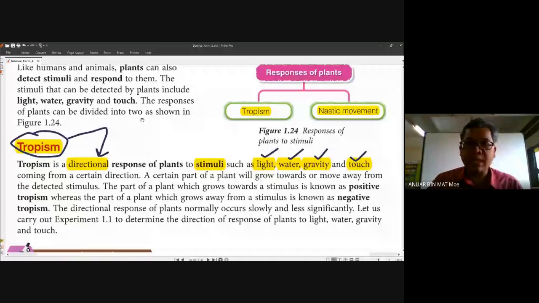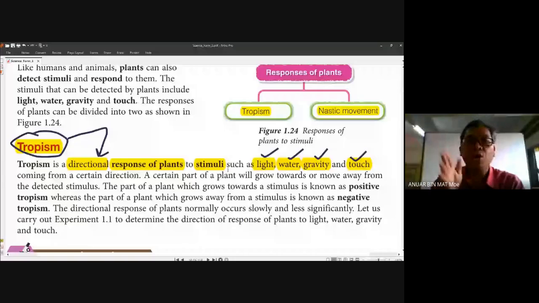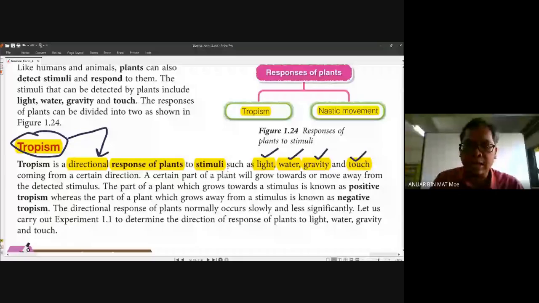Whether it is go to the light, the plant itself, maybe the plant shoot, the plant leaf, daun itu, mungkin dia akan pergi kepada cahaya, go to the light, or maybe it will go against the light. Only these two. This is what we call tropism. Okay, bukan dia boleh nampak pokok ini bukan boleh nampak cahaya, tidak.